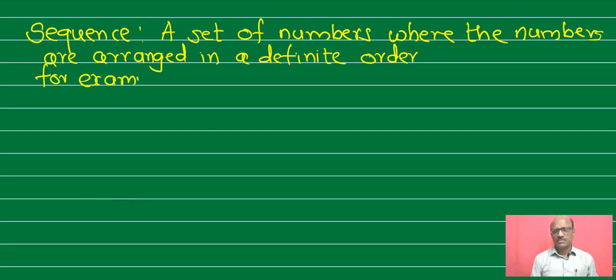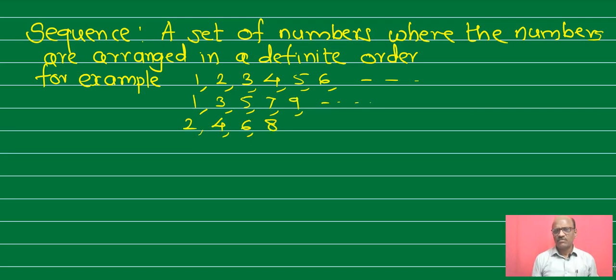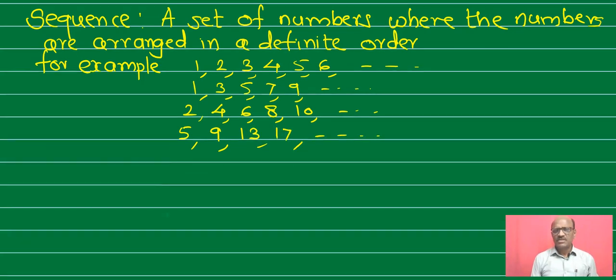For example, set of natural numbers: 1, 2, 3, 4, 5, 6 up to infinity. Means all the numbers are increasing 1 by 1. Next is set of odd numbers and set of even numbers. 5, 9, 13: these numbers are increasing by 4. These are called a sequence.